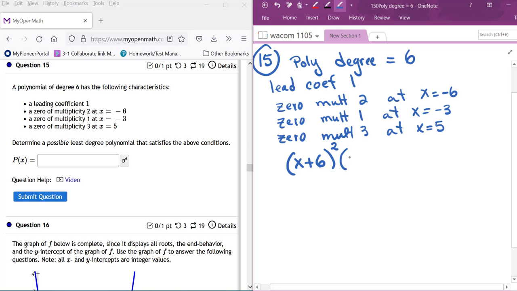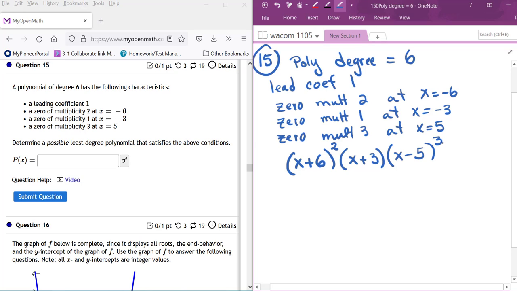So this would be x plus 3. And it has a multiplicity of 1, so we don't have to write that exponent. And last, we have a 0 at x equals 5. So this comes from x minus 5, because when you set it equal to 0 and solve, you add the 5. This one has multiplicity of 3.